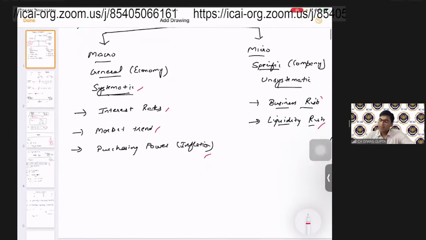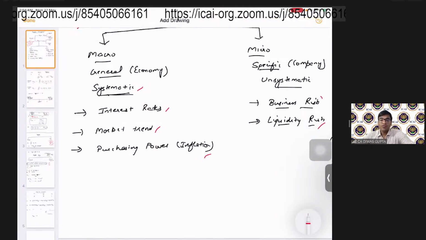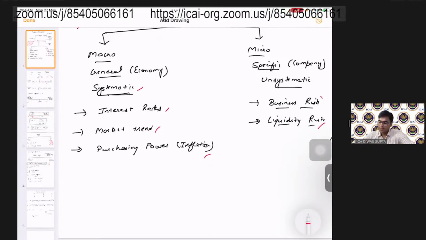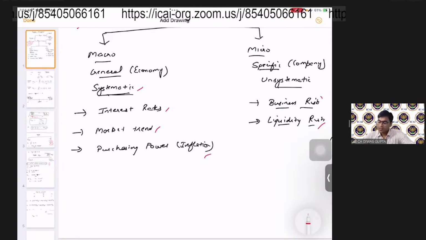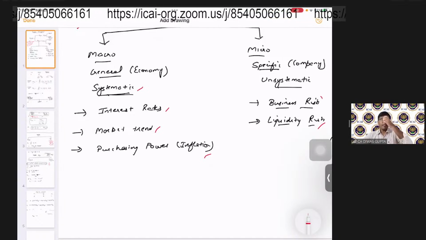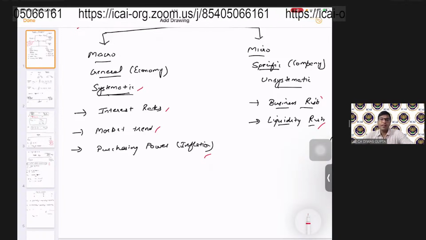Now, in terms of the micro risks, these are such which are very specific to the company. Which are they? One is definitely the business risk. So this is the type of business, or let's say because of the inherent nature of the business, there is a risk, right?